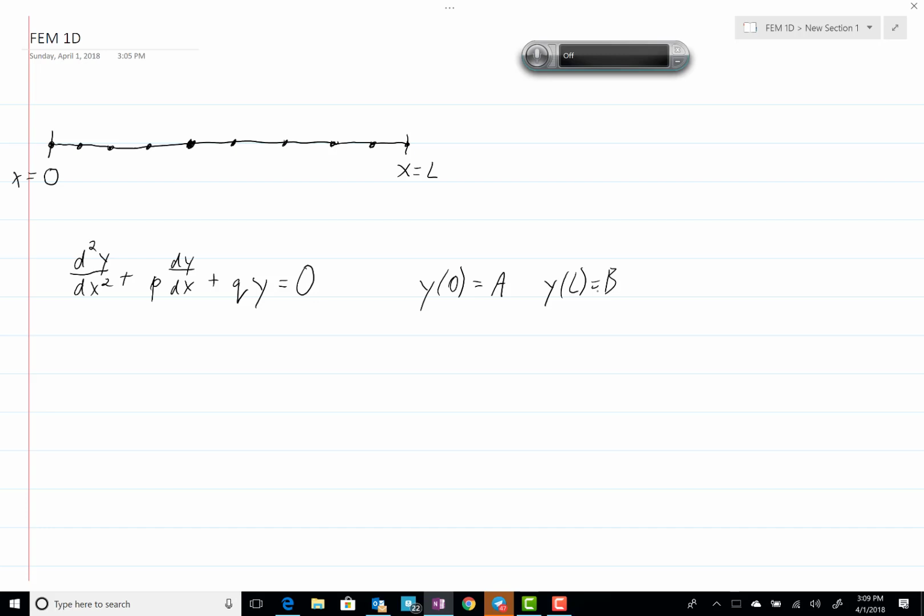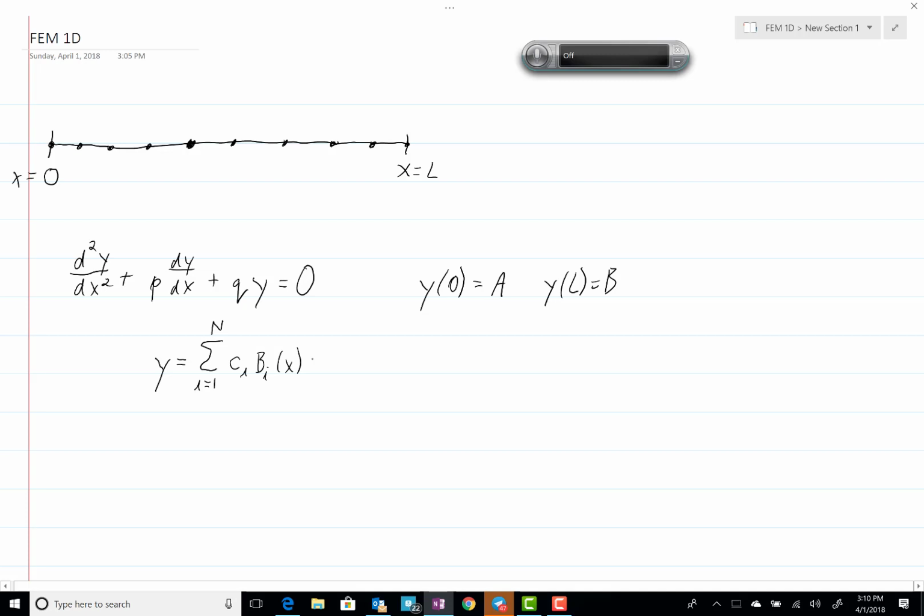And so for instance, if we do the usual first step here and we expand y in terms of basis functions, we would normally write something like this: y is equal to the sum i equals 1 to n of c_i times b_i of x, where the different b_i's are basis functions.